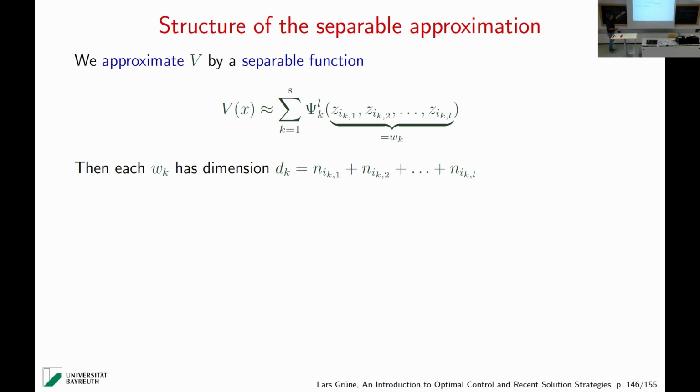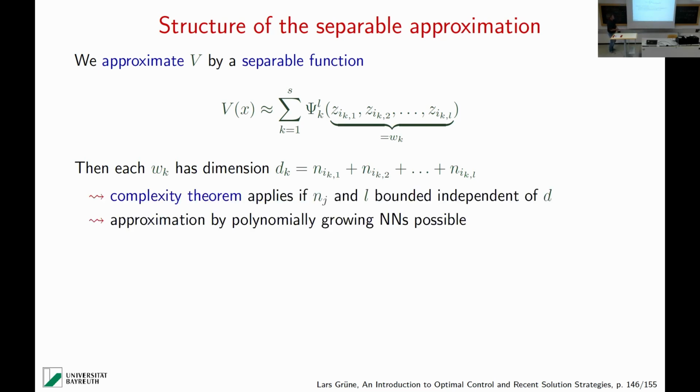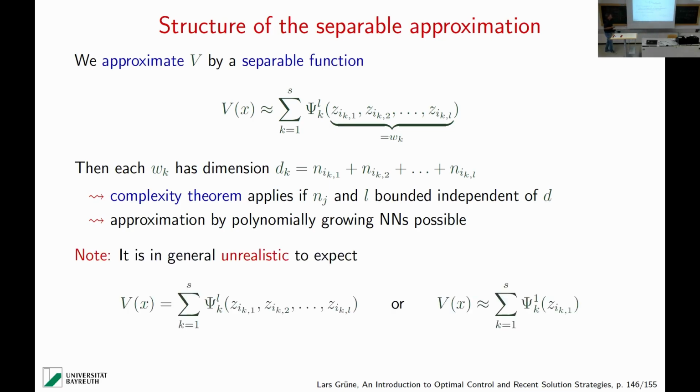Each w_k has this dimension, and the complexity theorem applies if the dimension of the subsystem and the number L here is bounded independent of the number of systems, and then we can approximate this by polynomially growing neural networks. I should mention two natural choices: that you can write the optimal value function as an exact sum of low-dimensional functions, but also that you can use just one subsystem state as an argument.